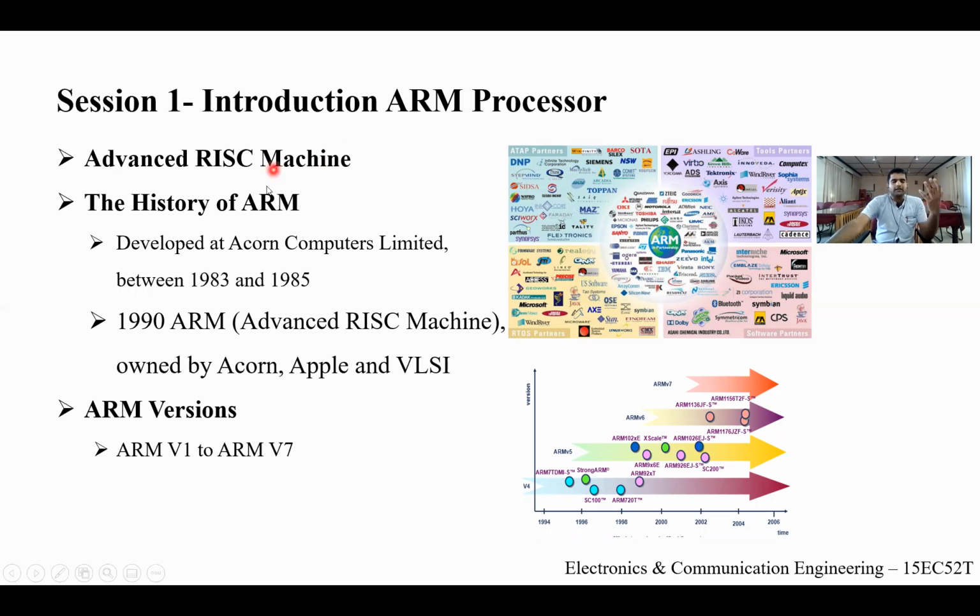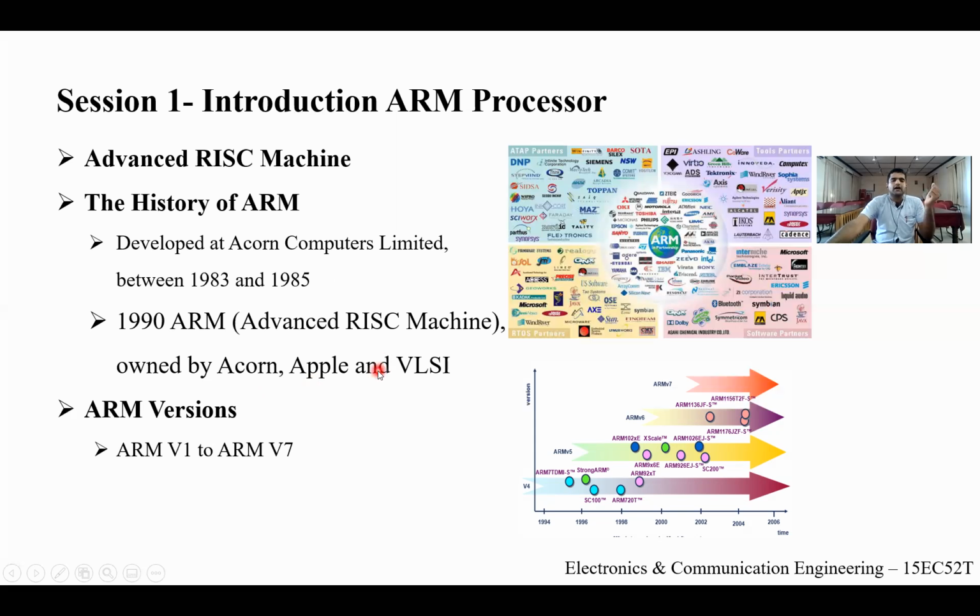In that session, we studied the history of ARM. ARM was developed between 1983 and 1985 by Acorn Computers Limited. In 1990, ARM Limited was formed, owned by Acorn, Apple and VLSI. In this figure, we can see the ARM limited companies.